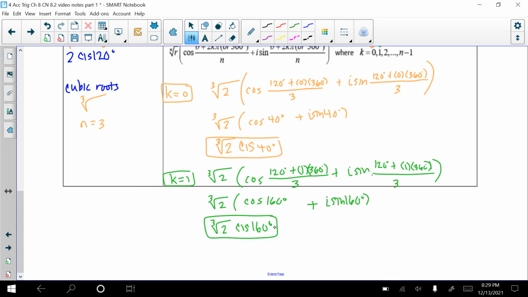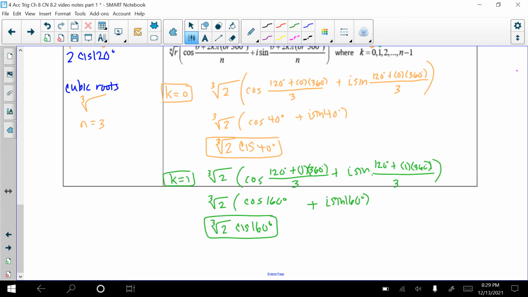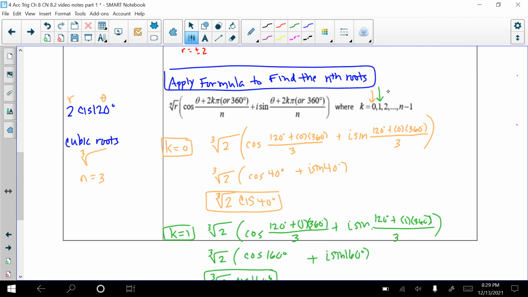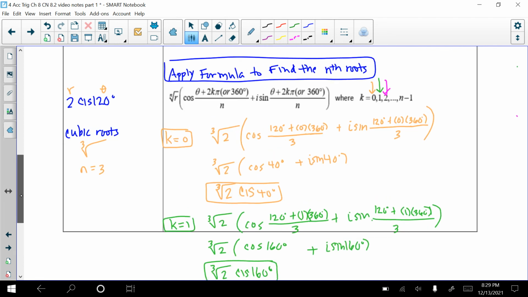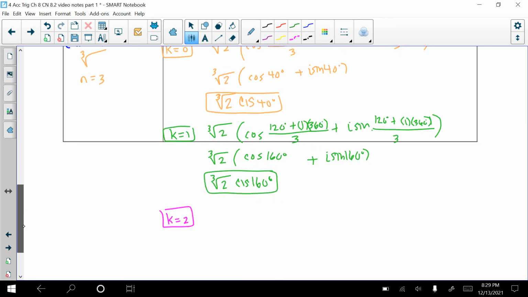So we've got our first cube root, our second cube root. Now we'll generate our third one. Again, this time I am letting k equal 2, using the exact same formula. Remembering r is 2, n is 3, theta was 120 degrees.